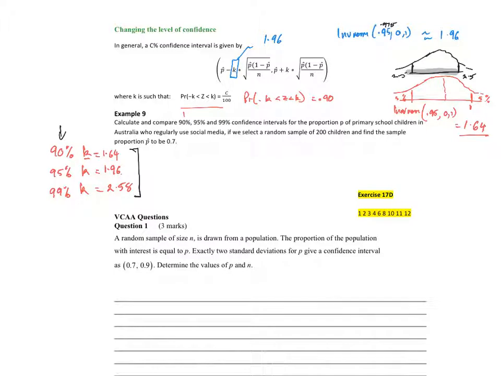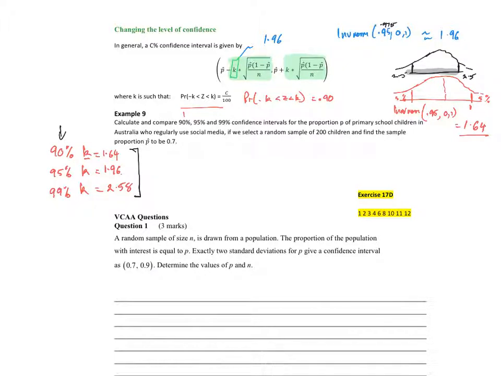It makes sense that the more accuracy we want, the bigger the K value has to get, because what I'm adding and subtracting from my P hat value gets bigger, which means I get a broader interval, and I can say with more confidence that my value will be within that interval.